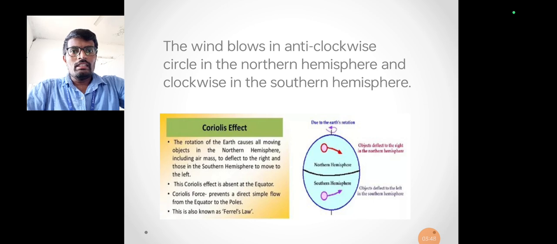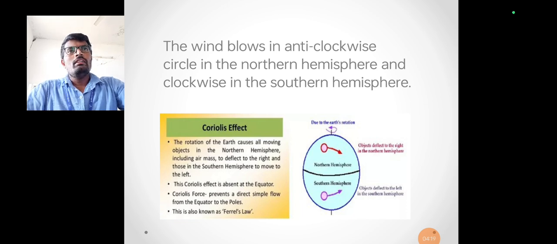The Coriolis effect is absent at the equator, because the equator is at 0 degrees. This Coriolis force prevents a direct simple flow from the equator to the poles, and this is also called Ferrel's law. If you observe clearly, the sun rays directly impact the tropics of Capricorn and Cancer, where there is warm air.